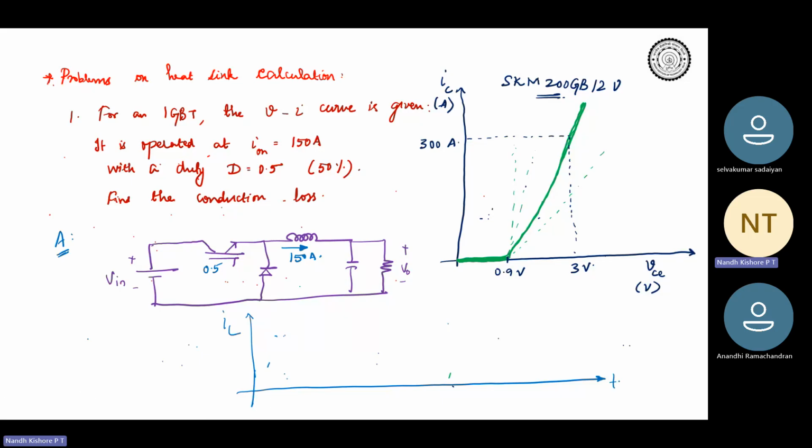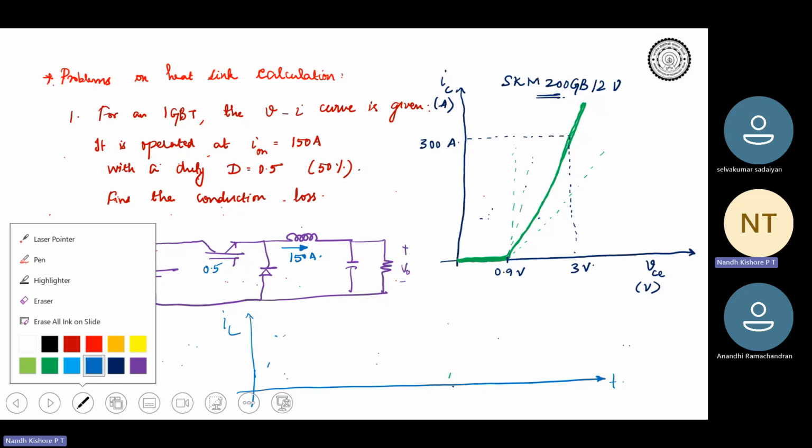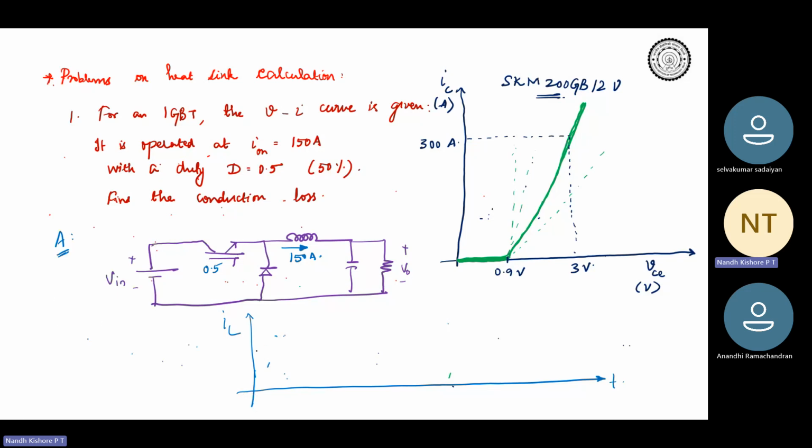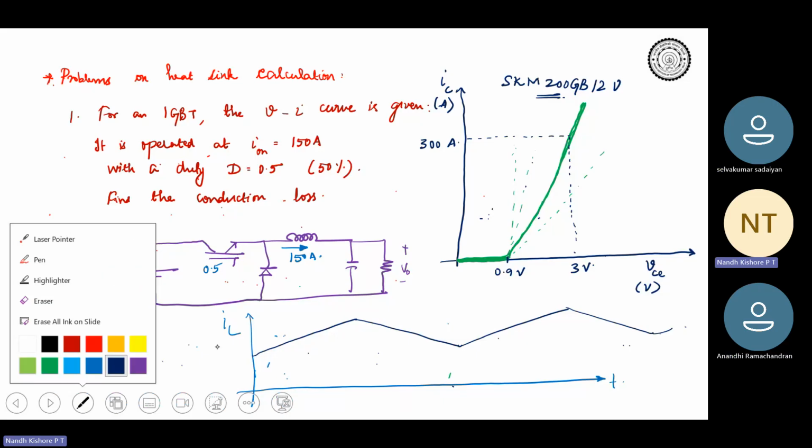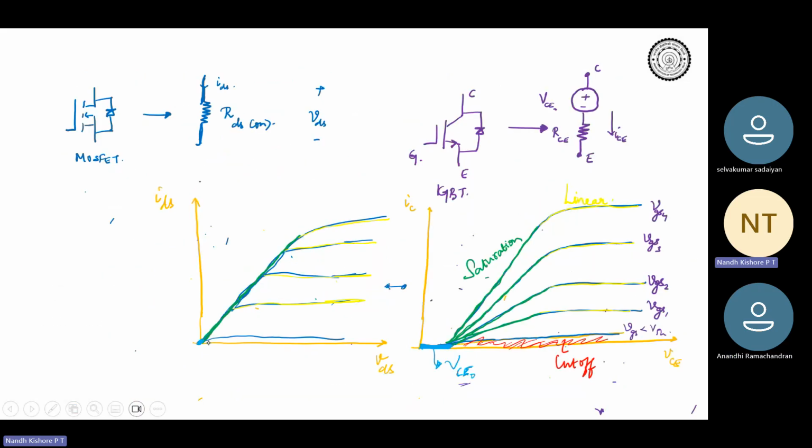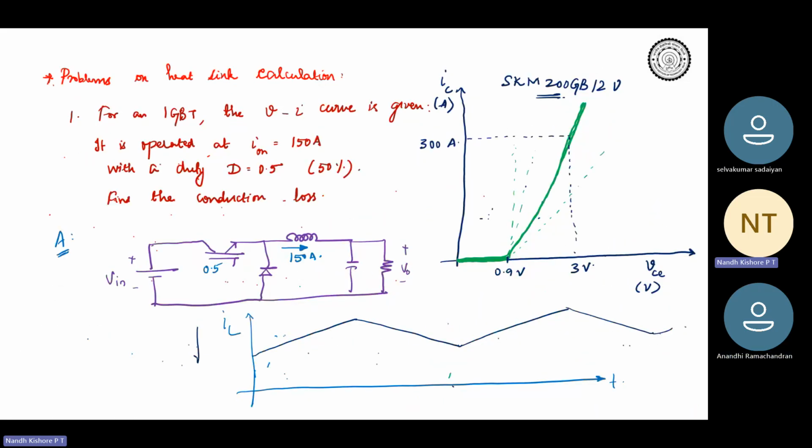Let's say this is IL, this is T. They have given that duty is 0.5, so your inductor current would look something like this. Agreed? Is this fine? Yes, sir. Okay, this is your ripple. Some people call this delta L, some people call this 2 delta L, whatever nomenclature you follow, no worries.